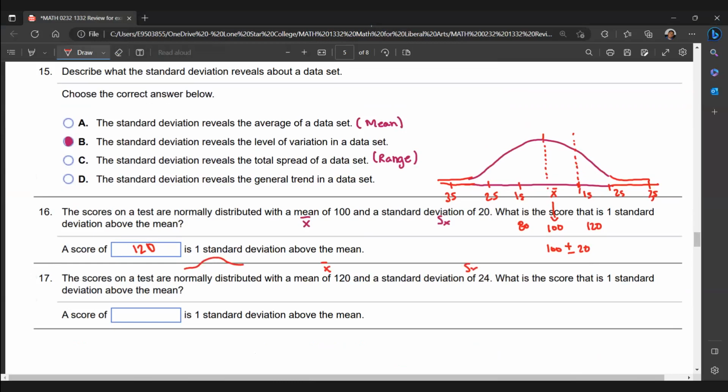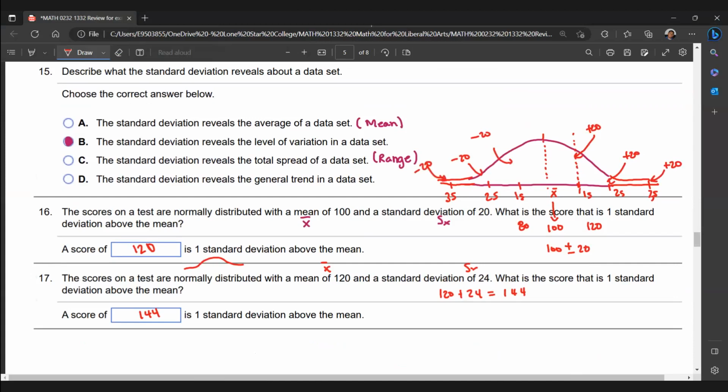What is the score that is one standard deviation above the mean? So going back to this idea here, this would be plus 20, plus another 20, plus another 20. In this case, that will be minus 20, minus another 20, minus another 20.